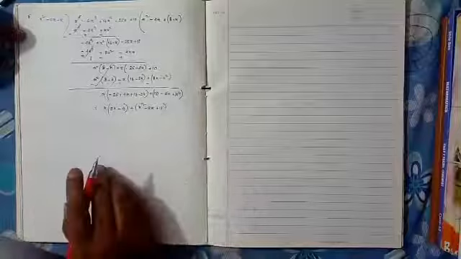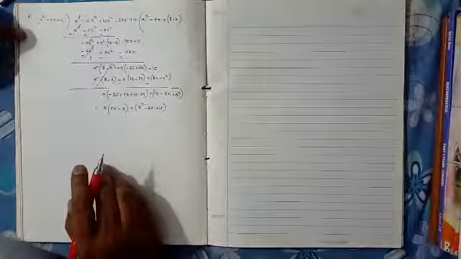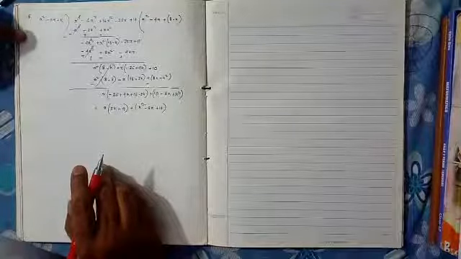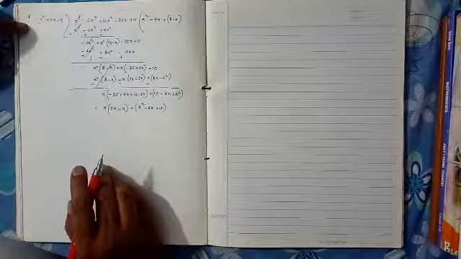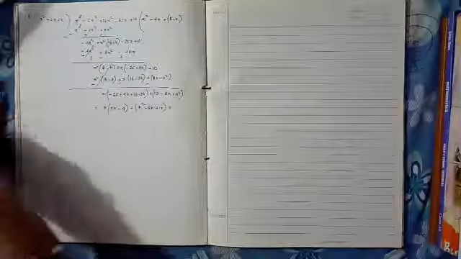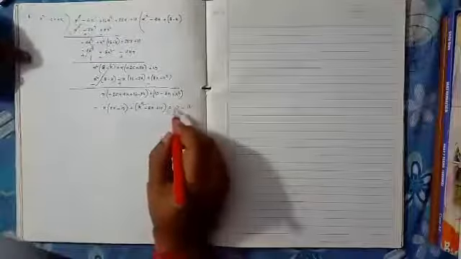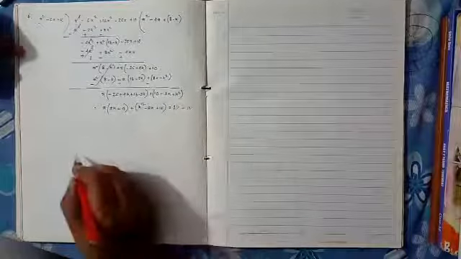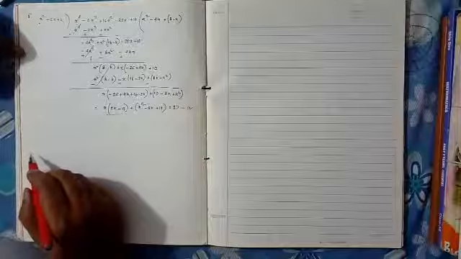This is the remainder. But we had said that the remainder is x plus a. So this is equal to x plus a. Now x has coefficient 1 on the right, and on the left the coefficient of x is 2k minus 9.